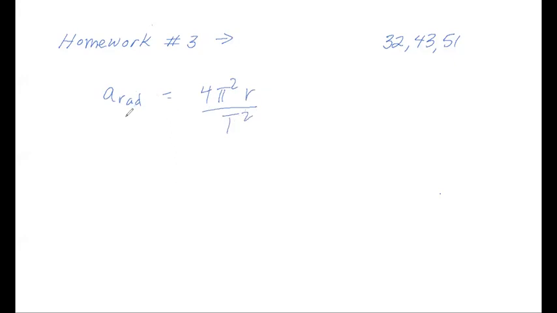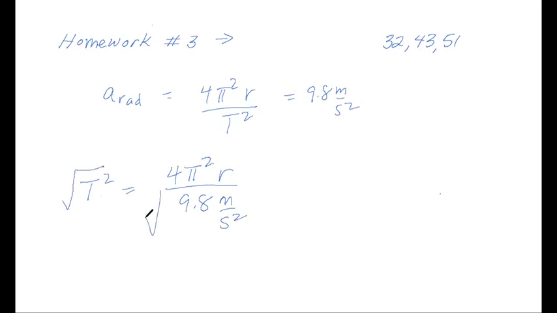So a radial, to set that equal to g, is going to equal 9.8 meters per second squared. T squared equals 4 pi squared r divided by 9.8 meters per second squared. And take the square root of both sides.